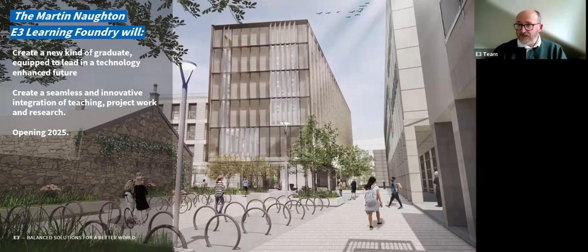It's exclusively based around student education, so there are no offices for staff. It's essentially teaching spaces like teaching rooms, lecture theatres, that sort of thing. But most importantly, labs and maker spaces for students to work on their projects. And we hope that this will foster a spirit of collaboration between the three schools as part of the E3 initiative.